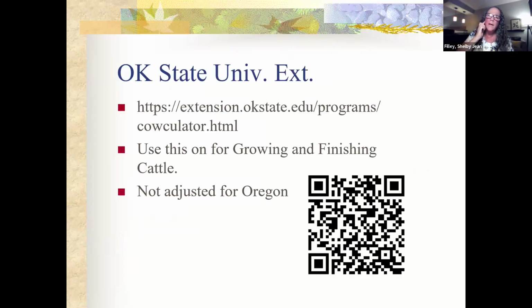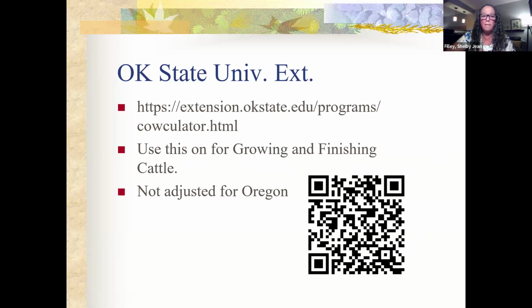So the OSU calculator that Oregon State University's put together is only adjusted for Oregon for the beef cows. So for the growing and finishing cattle, you need to go to the Oklahoma State University Extension website and get their growing and finishing cattle software to get that.